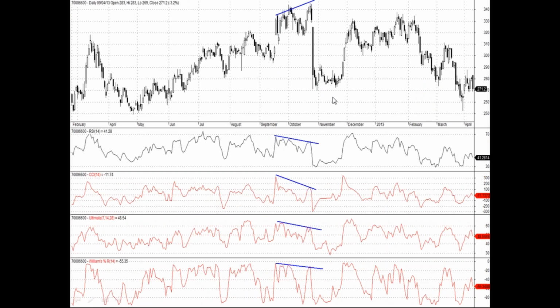See, the same thing. In this chart, we see a divergence here, a bearish divergence. The price has made a higher high, and in RSI, we see it has made a lower high, bearish divergence. CCI, a lower high. Ultimate, a lower high. Williams R, a lower high. So does this mean that we are getting any information four times stronger?